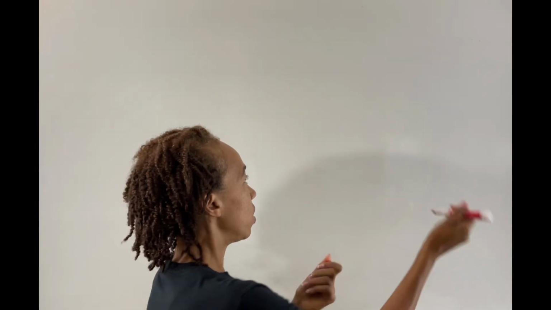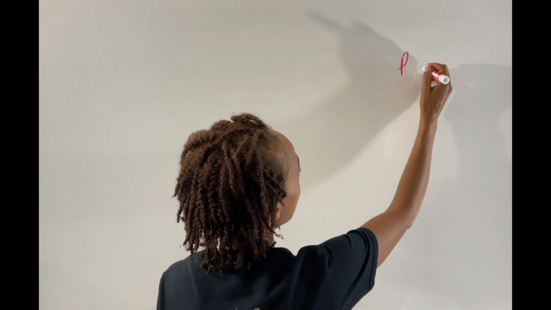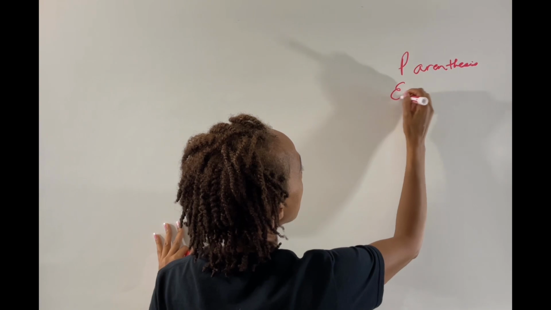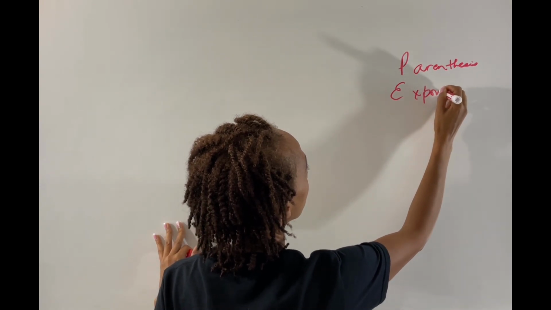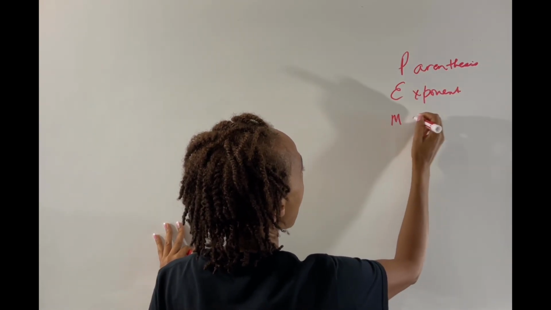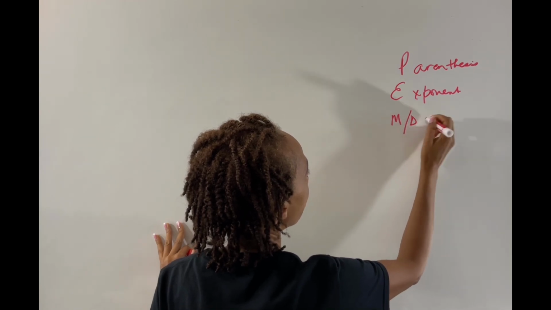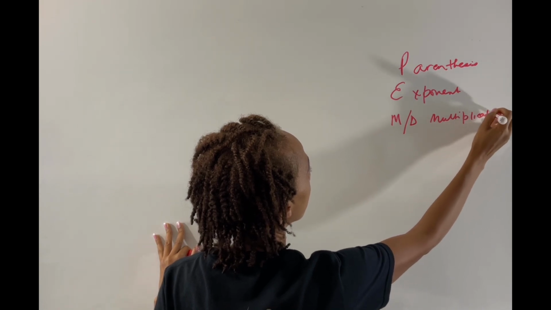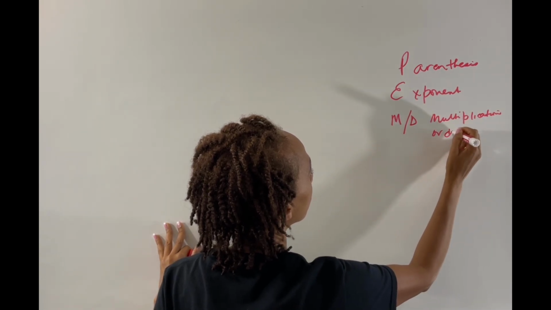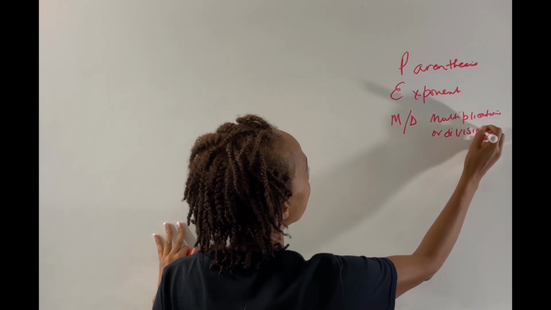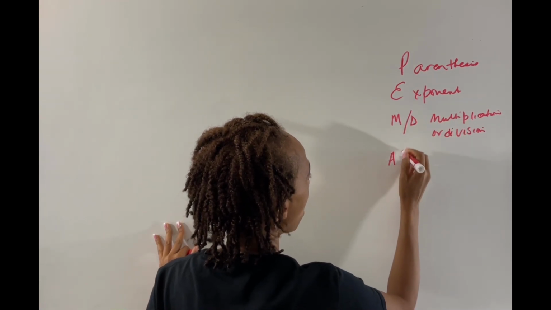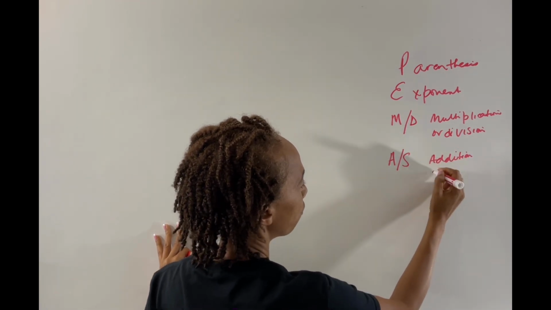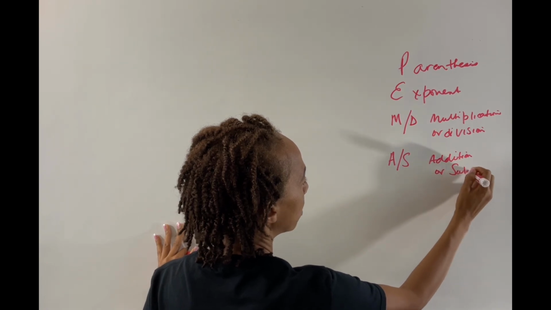Now, this is what it looks like. So you have the P for parentheses, and you have parentheses here, and you have the E for the exponent, and you have the M or the D for multiplication or division, and finally you have the A or S for addition or subtraction, whichever comes first from left to right.